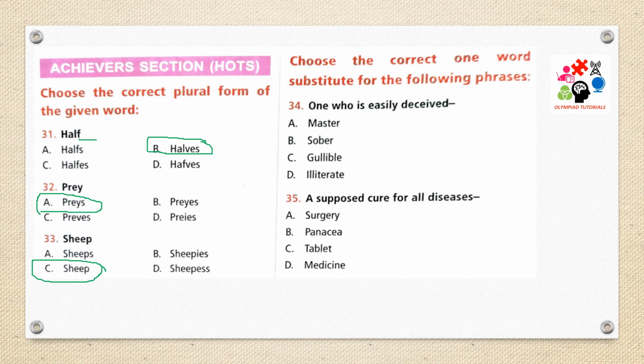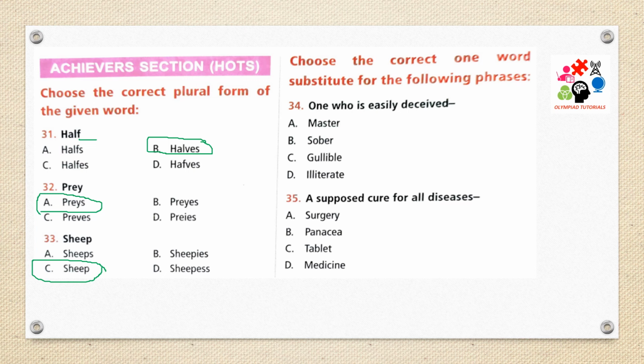Next, choose the correct one-word substitute for the following phrases. Number 34, one who is easily deceived. Easily deceived means you can fool someone very easily. The options are master, sober, gullible and illiterate.